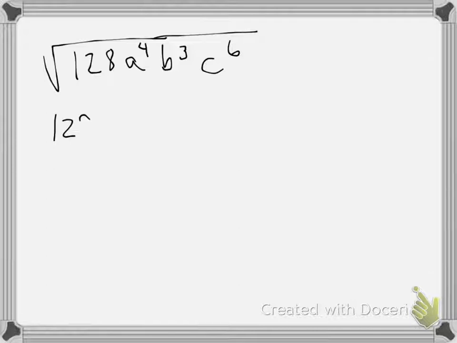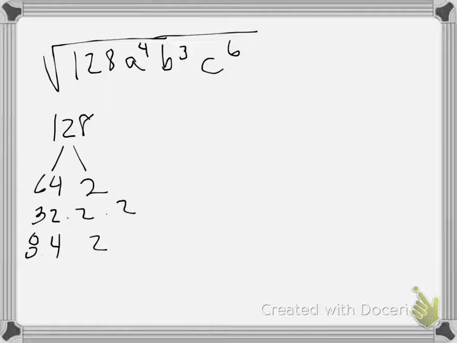What makes 128? 64 times 2. What makes 64? 32 times 2. 8 times 4, 2 times 2, right? So 8 is 2 times 2 times 2, 3 of them.